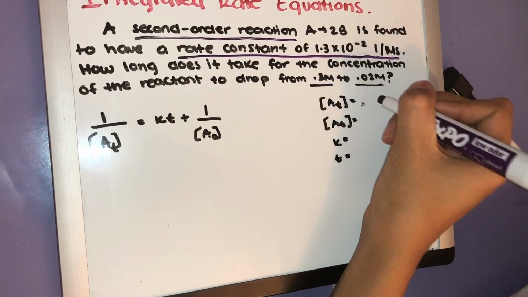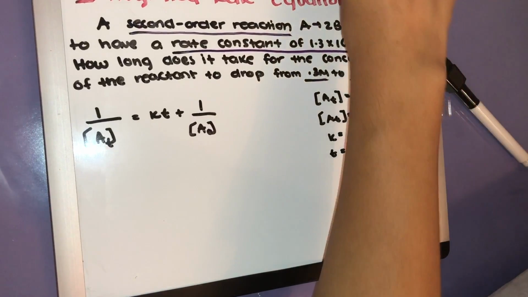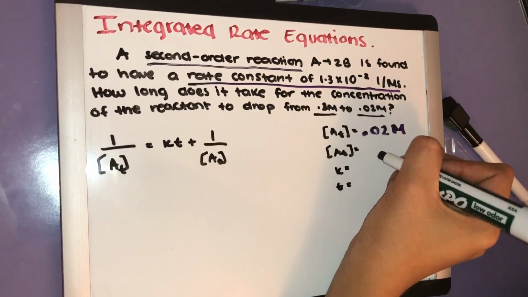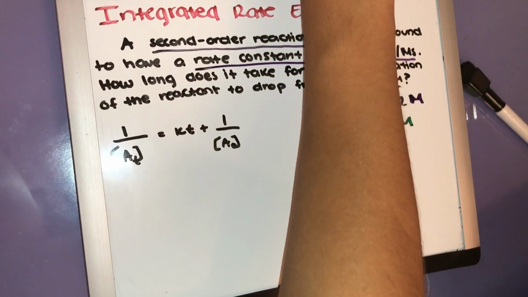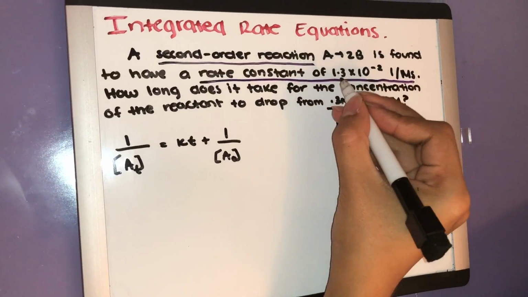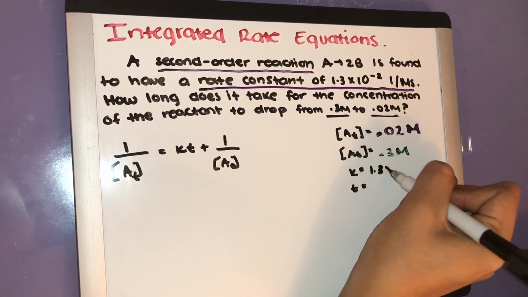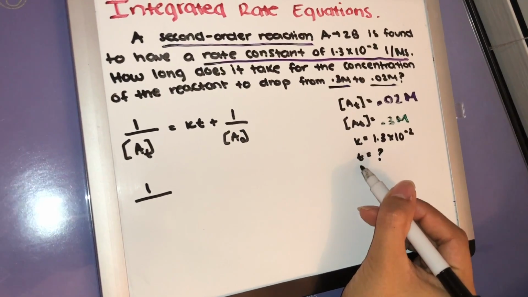So 0.02 would be our final. 0.3 would be our initial. The k would be 1.3 times 10 to the negative 2, leaving us to find what t is.